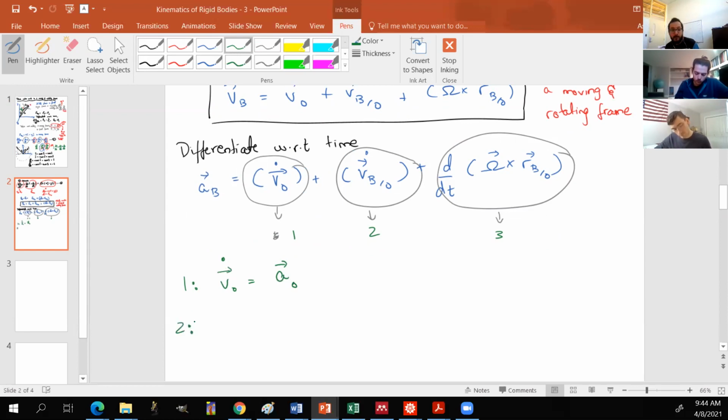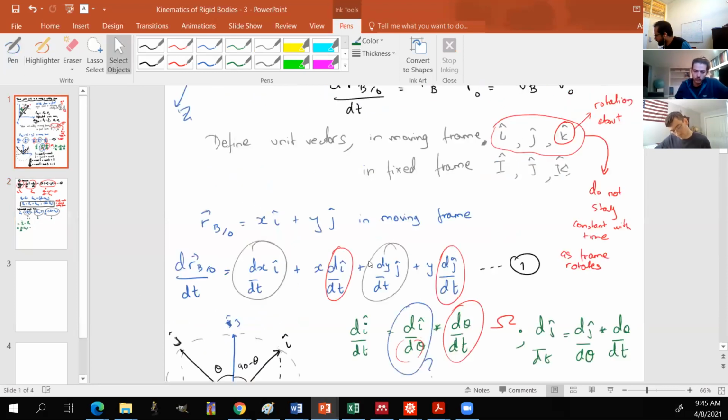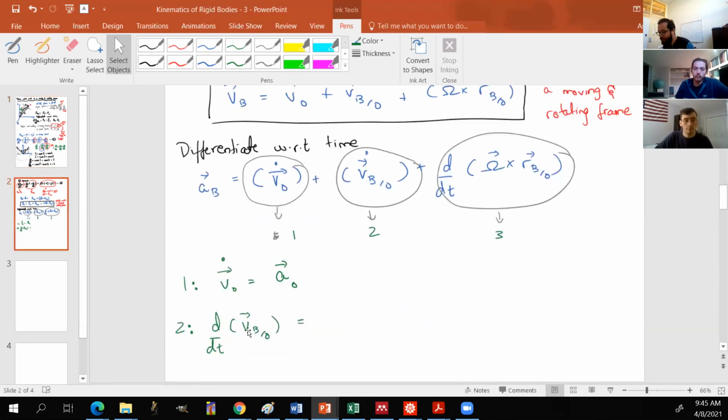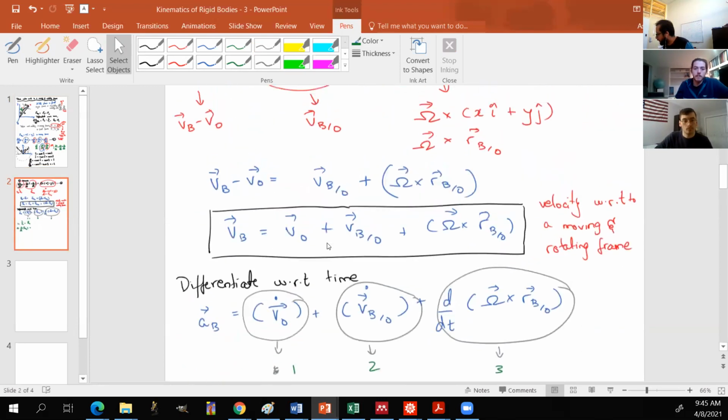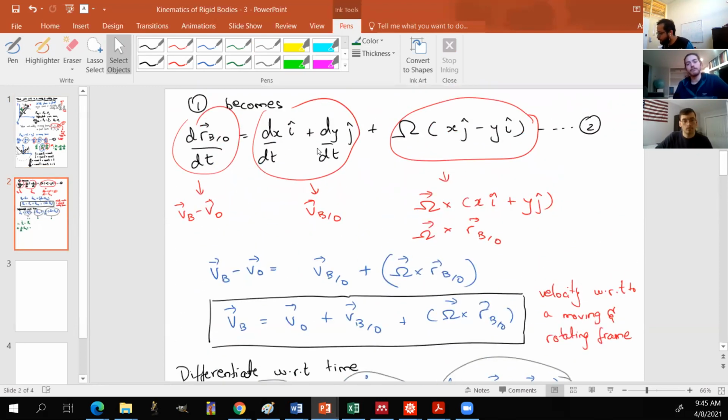Next we have the derivative of V of B relative to O changing with time, so we have to break this one down. d by dt of V of B relative to O is just the rate of change of this expression here with respect to time.